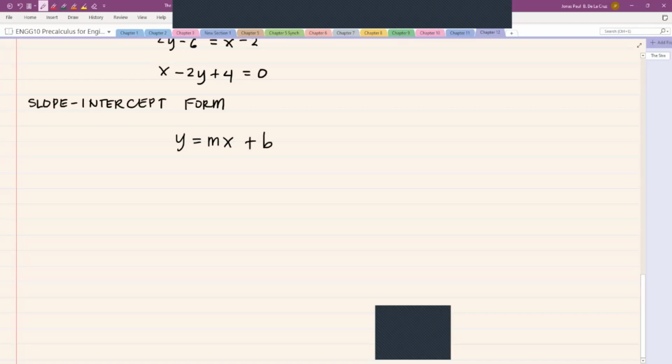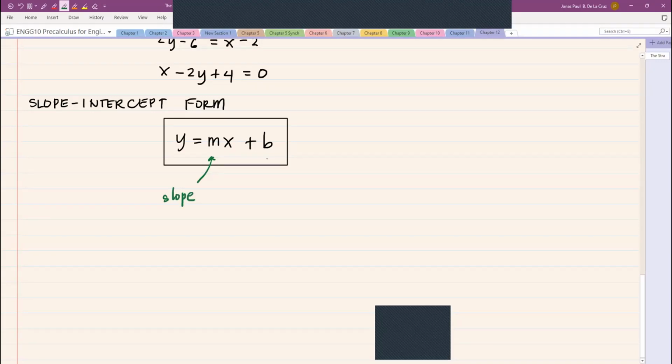Yan na yung equation natin. Ano yung mga parameters natin dyan? Yung m tsaka b lamang. Yan na yung formula natin for the slope-intercept form. M is the slope.